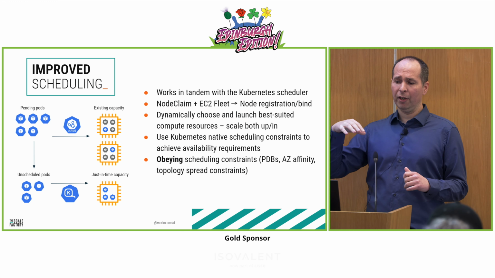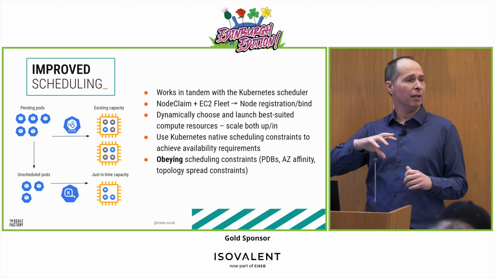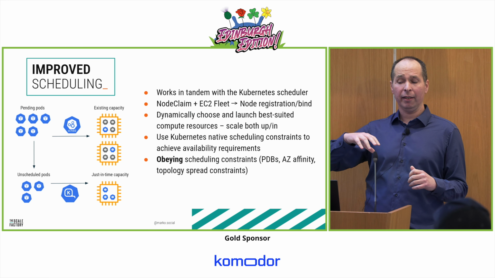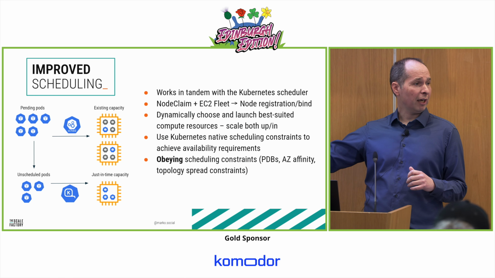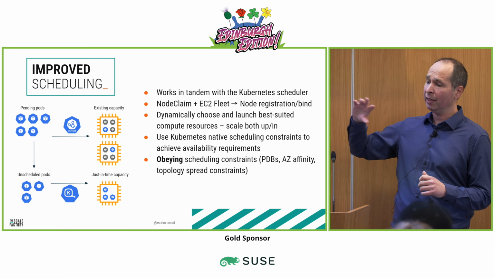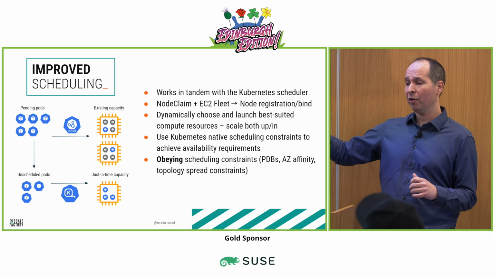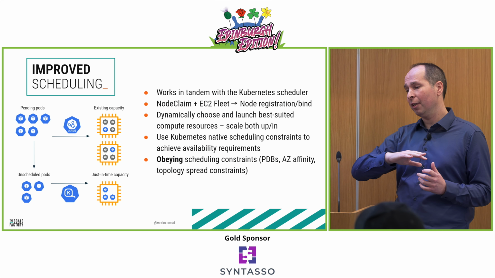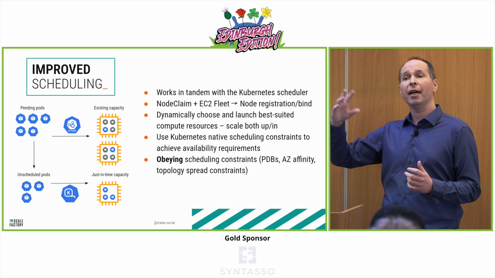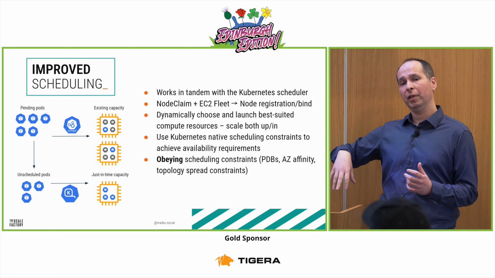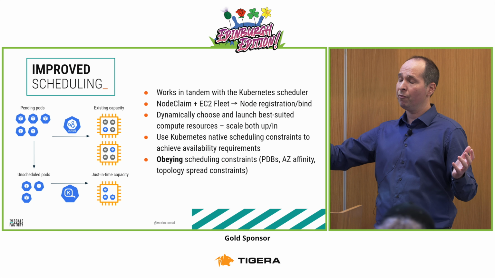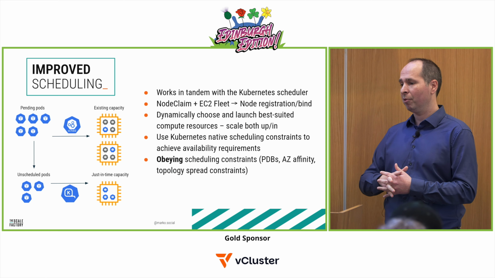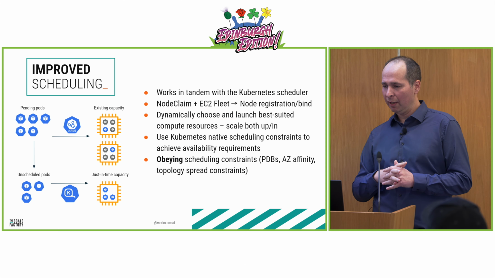It works on a node claim basis, so when capacity is required, it creates a node claim. In AWS, it communicates with the API directly and initiates an EC2 Fleet API command to provision nodes directly. Then it creates the node bindings ahead of time within the control plane, so when the node comes up, it's immediately bootstrapped and ready to go. And as you're going to see later, it works really quickly compared to other solutions.